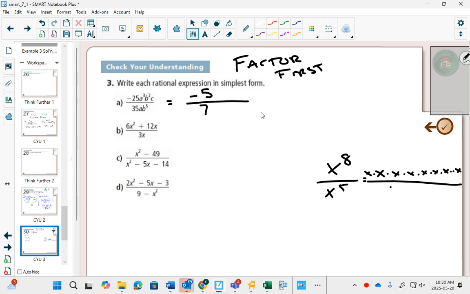And x to the 5 would be, and I never write this out, I just sort of visualize it in my head. But this x would cancel out and simplify with that x, and this one with this one, and this one with this one, and this one with this one. And it makes sense that we're left with 3 of them. Which is the same as subtracting, but sometimes this is nice, especially if the exponent is bigger in your denominator.